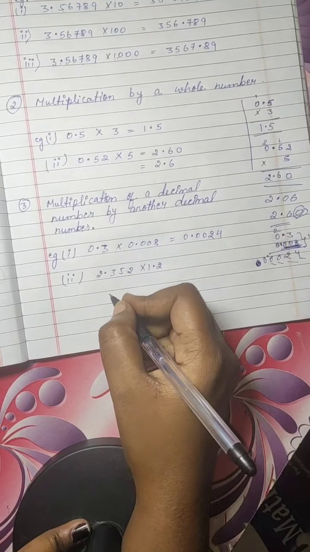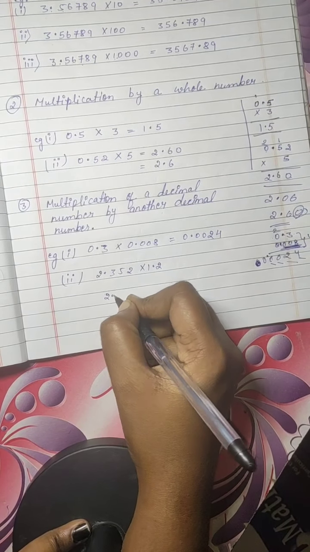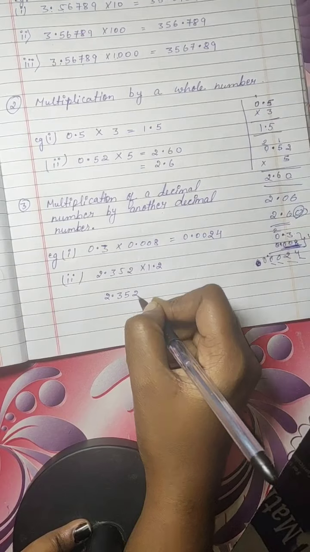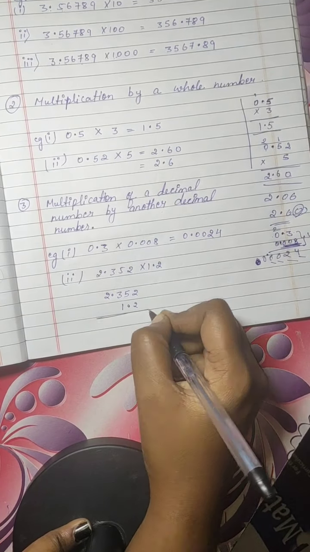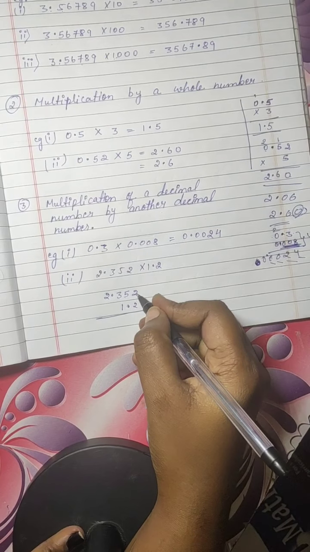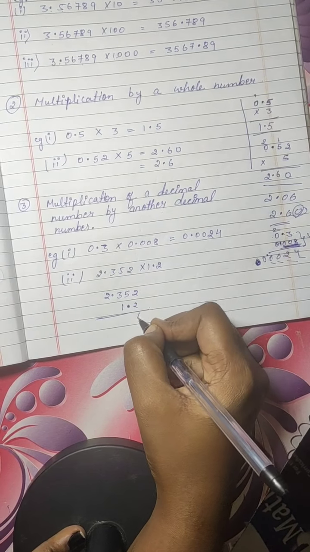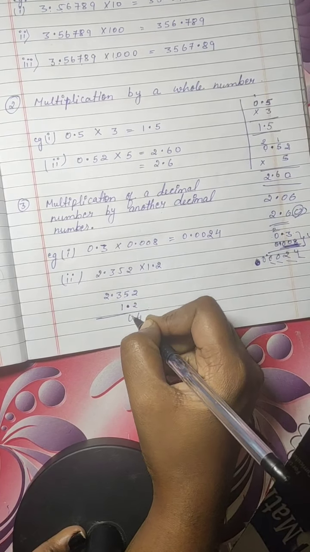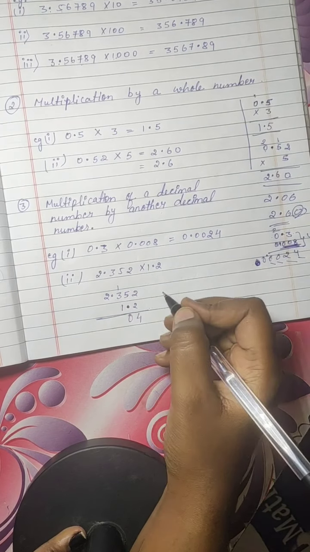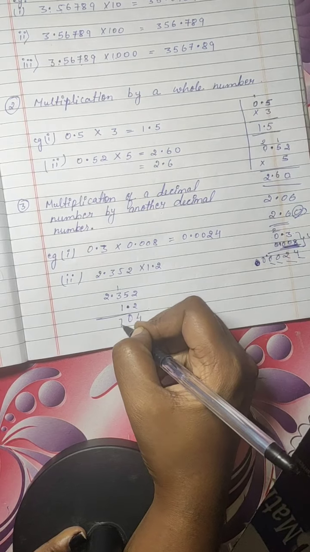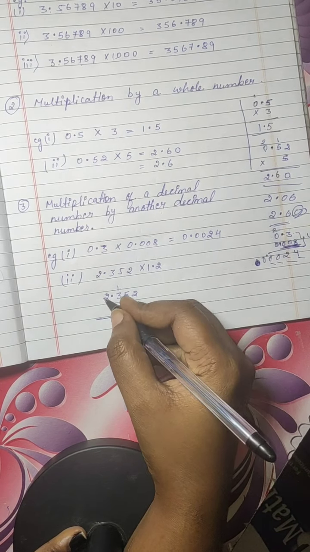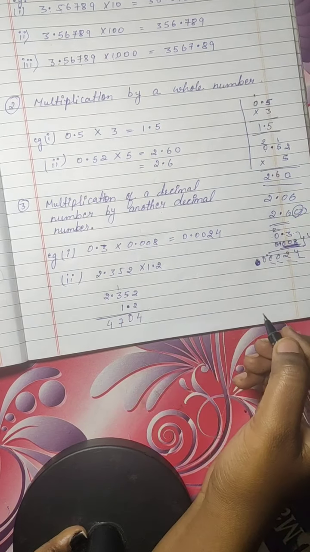See, here I am doing 2.352 and 1.2. 2 2s are 4, 5 2s are 10, 0 we will write here, 1 comes here, then 3 2s are 6 and 7, 2 2s are 4.